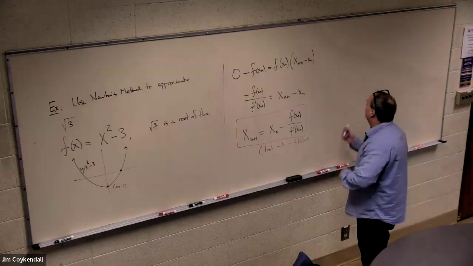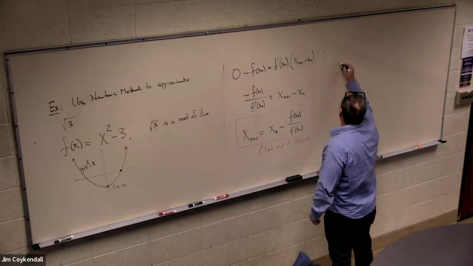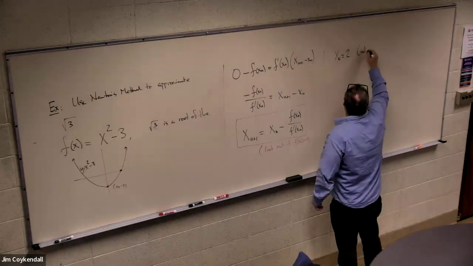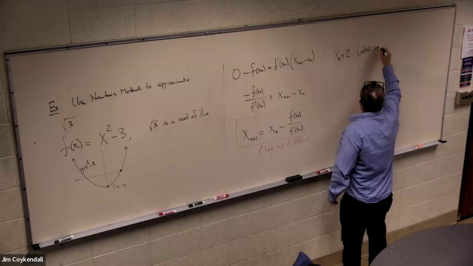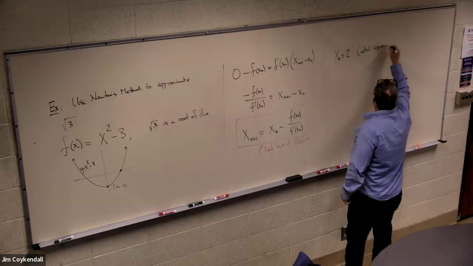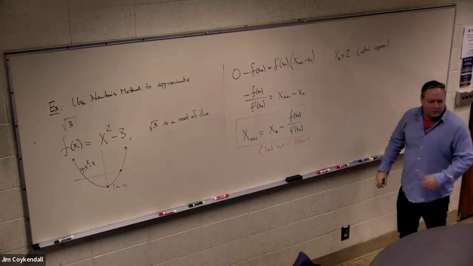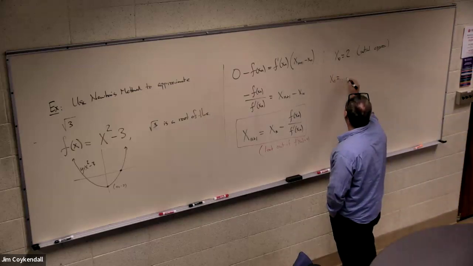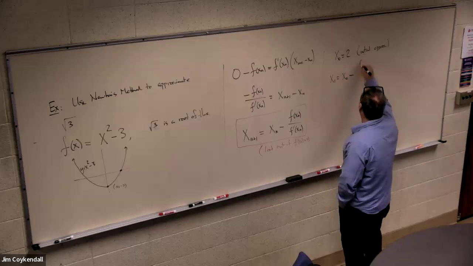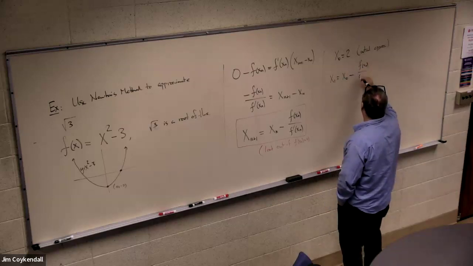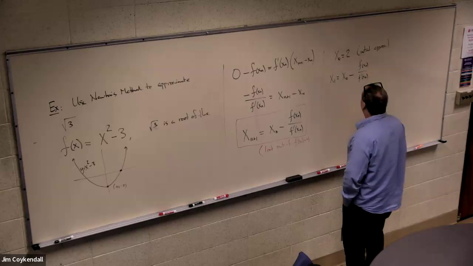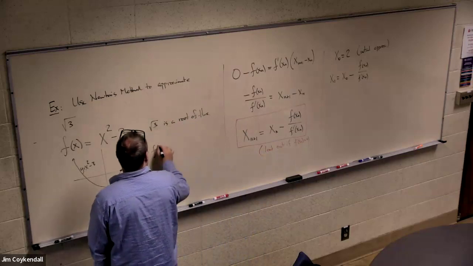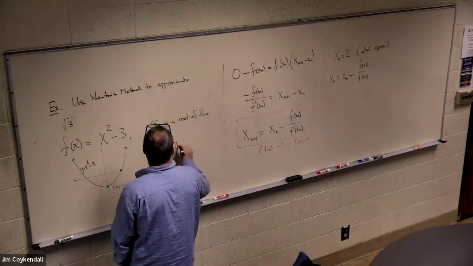Let's try. Seems like it's close. Well, let's see what happens. x1 is x0 minus f(x0) over f prime of x0. Here, f prime of x is of course 2x.